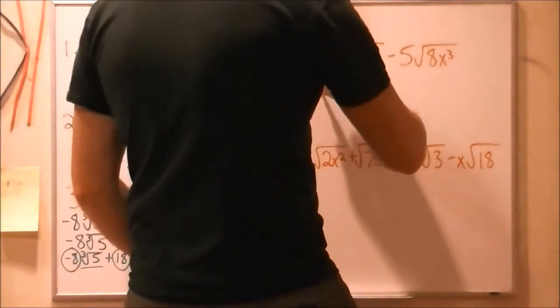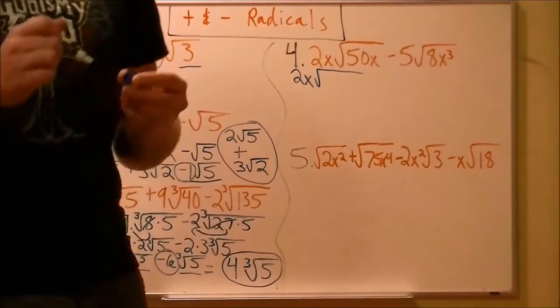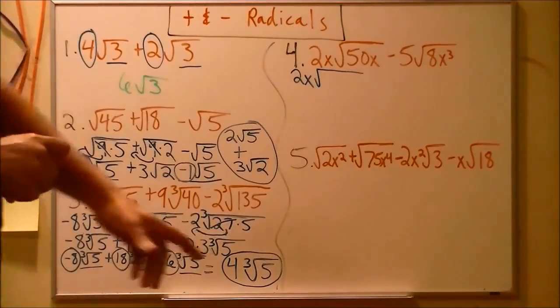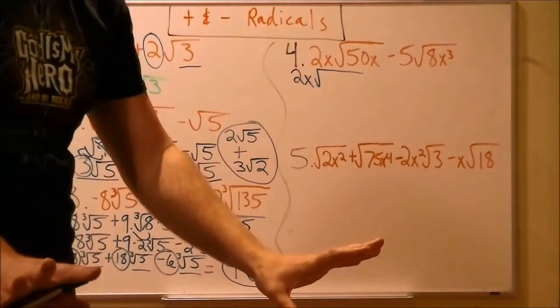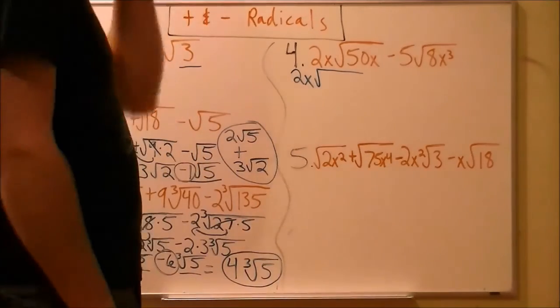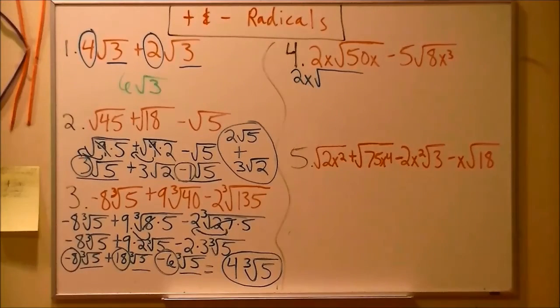What I do need to change is what's underneath that square root symbol. In breaking down 50x, let's just start with numbers first. Is there any perfect square that is a factor of the number 50?